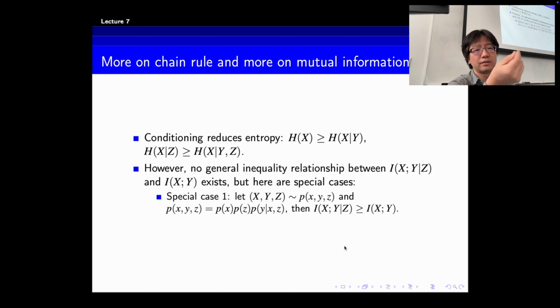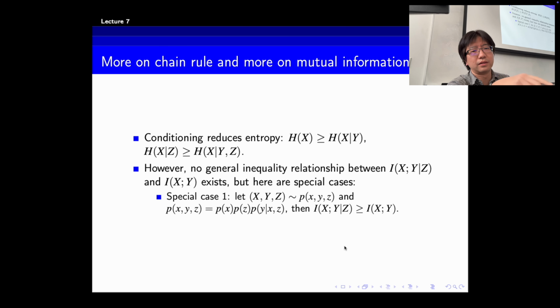We give you one example here to show that the mutual information actually increases. In this scenario we consider three random variables, X, Y, and Z, where X and Z are independent. In this case, the conditional mutual information given Z would be increasing. Why is that? Here is one way to prove it.